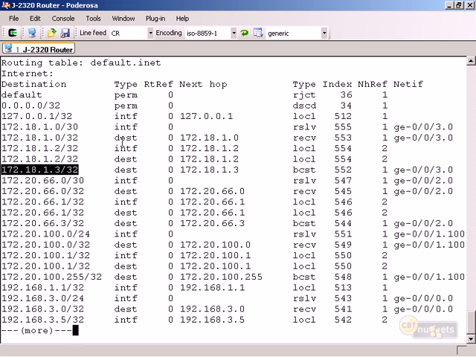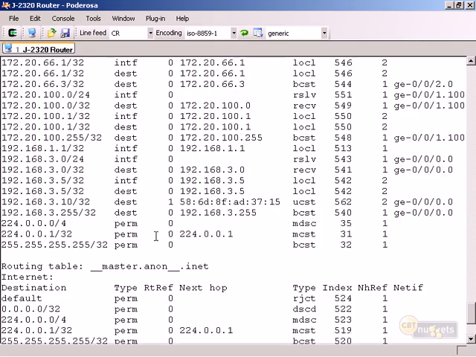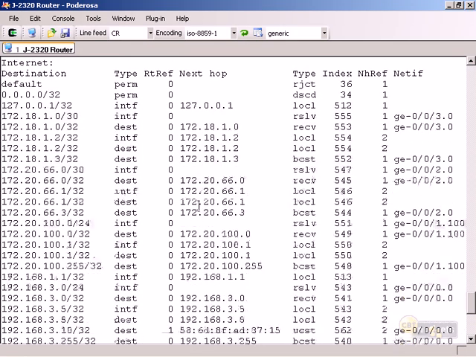You've also got DEST. This means it's a remote address that you can reach directly through an interface. So usually when we configure an interface IP address, we're going to have an interface type and a destination type that says you get to that network through this interface. And this, of course, over here is the next hop. If I hit the space bar, I can go down and see, for example, there's a default ISO table. We really just want to focus on this one right here, though.